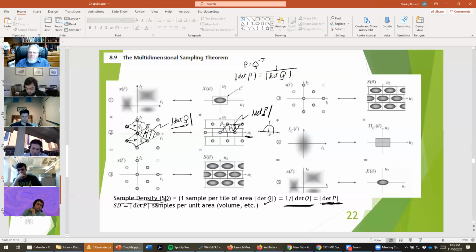You remember in the 1-dimensional case where we went from minus B to B, what was the Nyquist rate? 2B. We must sample at 2B cycles per second. We have a similar beautiful thing here, where we're sampling not in an interval, but over a 2-dimensional area of the determinant of P, and this is going to be cycles per millimeter squared, for example.